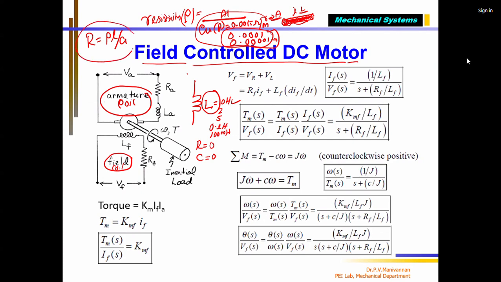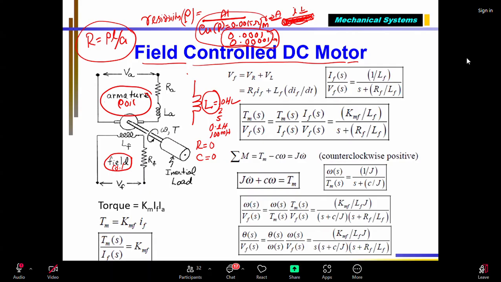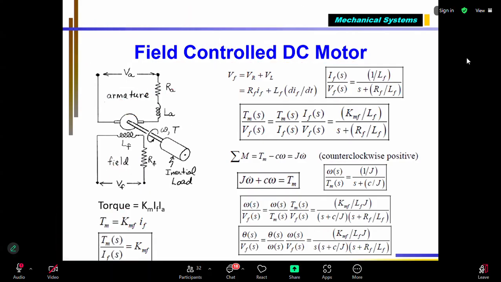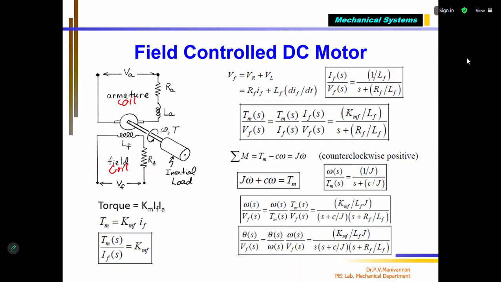Now, what I wanted to say is, here I have shown the armature coil. This is the armature coil, and this is the field coil. Two coils are there. The armature coil will be wound over a rotating cylindrical object. Correct? And the field coil is in the body of the motor. If you see a motor, I'm just showing it approximately.